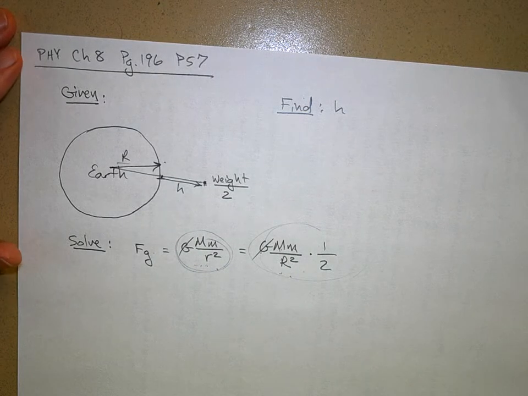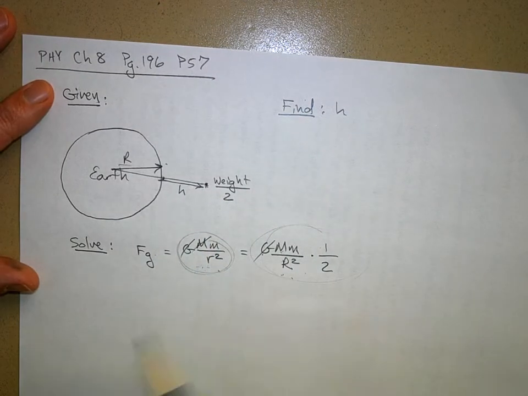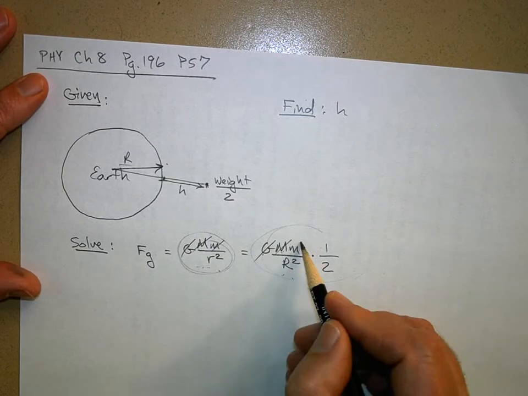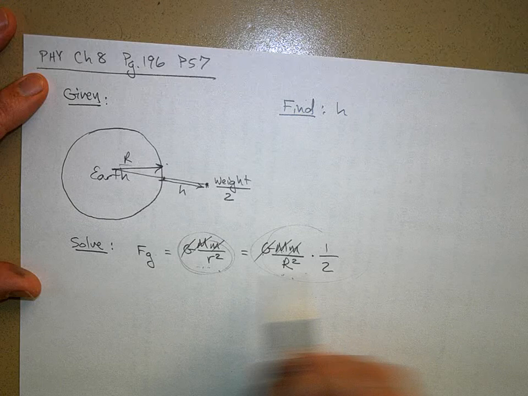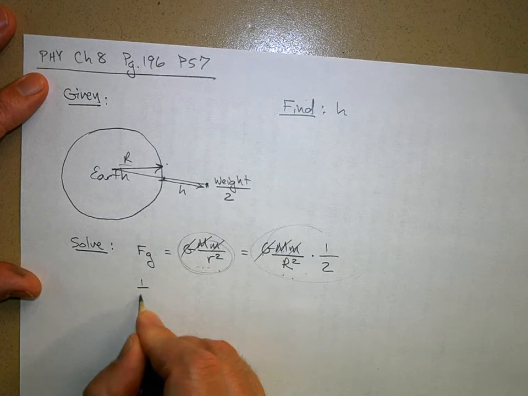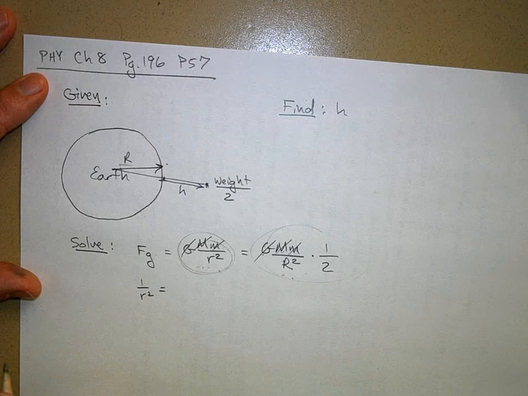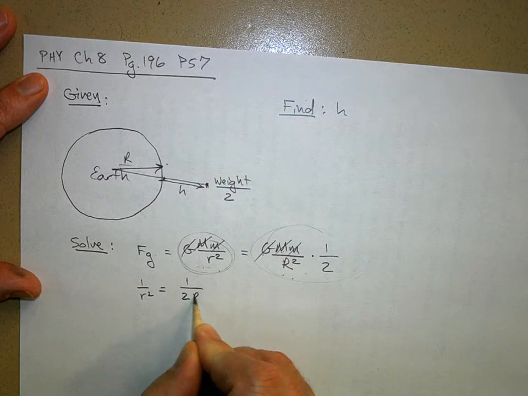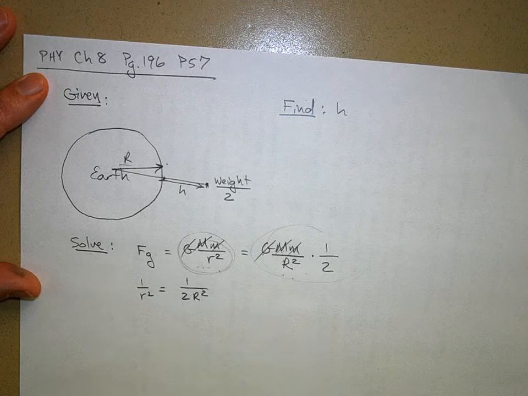It's on both sides of the equal sign. We don't even need the mass of the Earth. It's on both sides of the equal sign. We don't need to know your mass. So 1 over r squared is equal to 1 over 2 big R squared, the radius of the Earth squared.